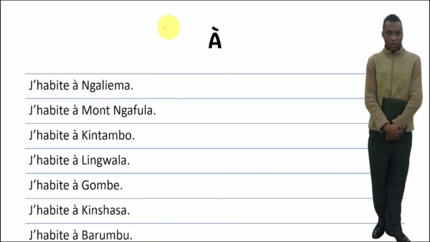Come here, same thing. These are all the city. J'habite à Ngaliema. J'habite à Mongafula. J'habite à Kitambo. J'habite à Lingwala. J'habite à Gombe. J'habite à Kinshasa. J'habite à Barumbu. Because all of these are the city.